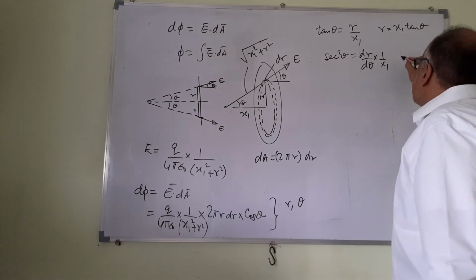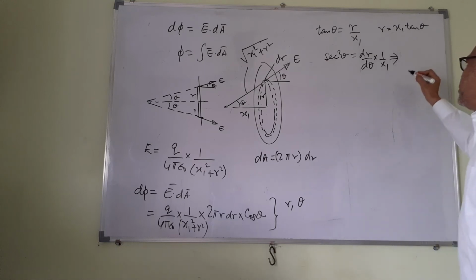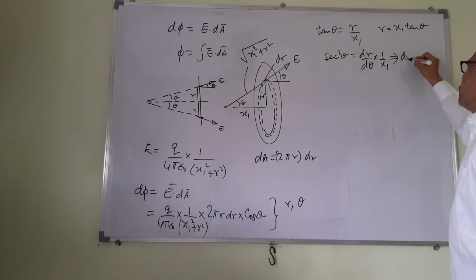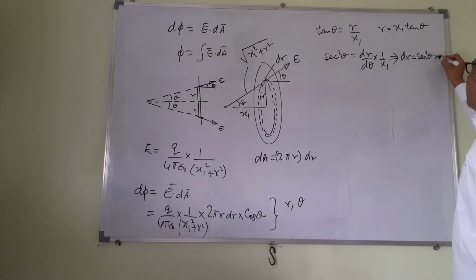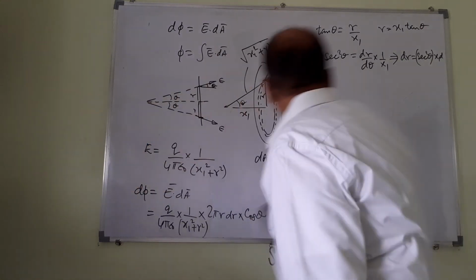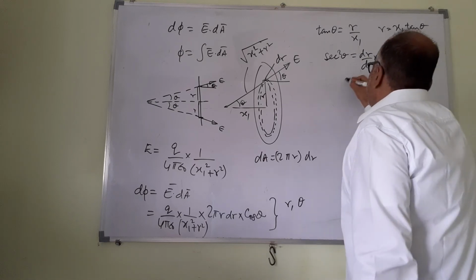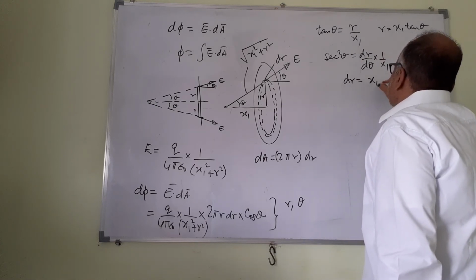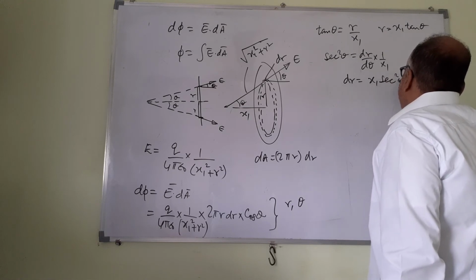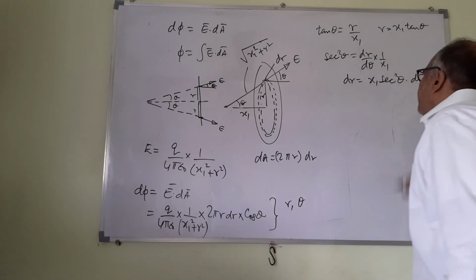So I can say from this that dr is equal to x1 secant squared theta d theta. So dr would be x1 secant squared theta d theta.